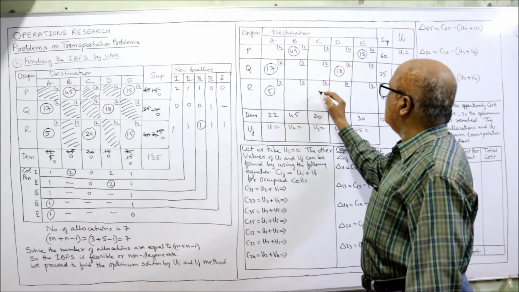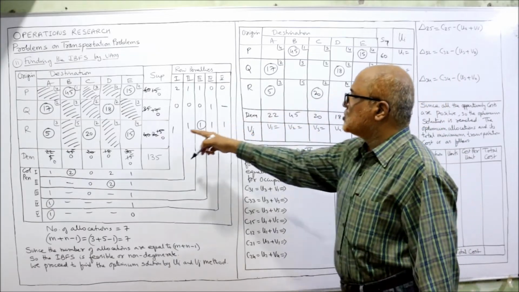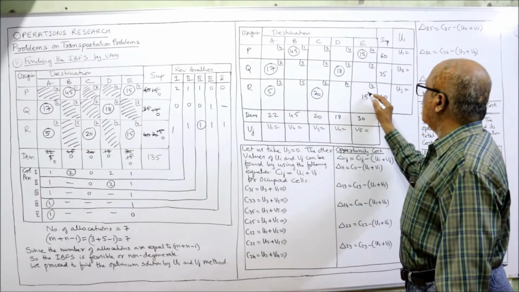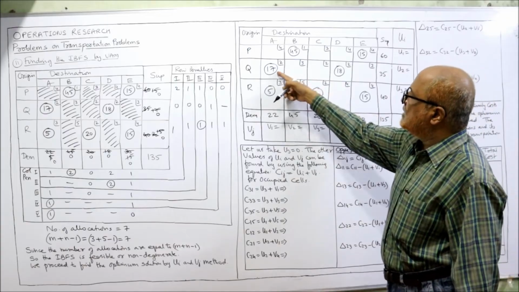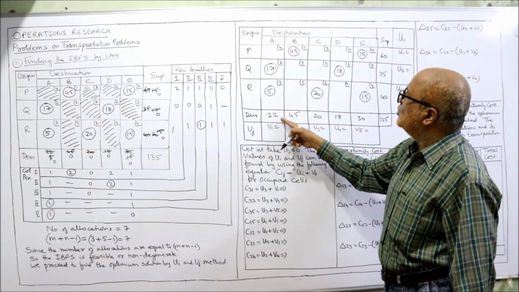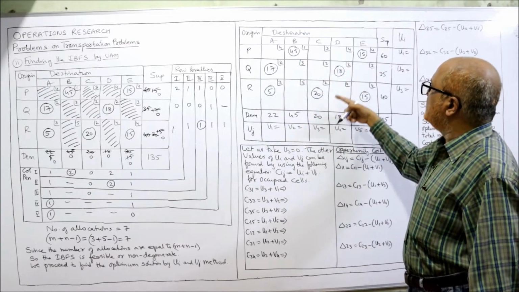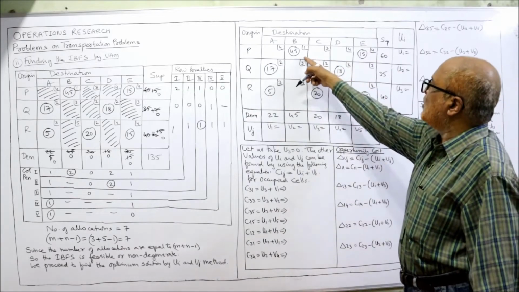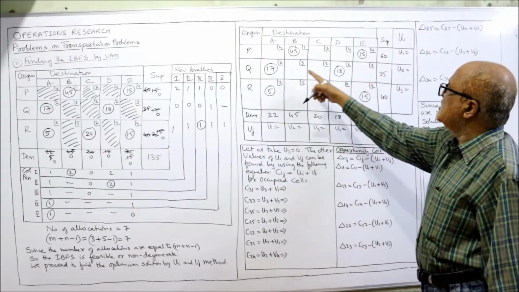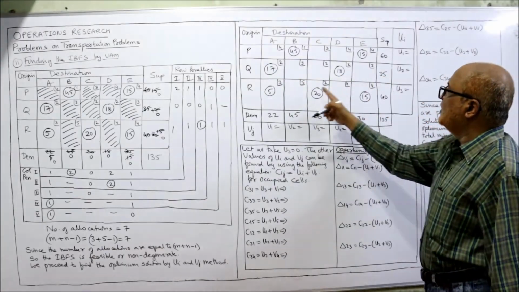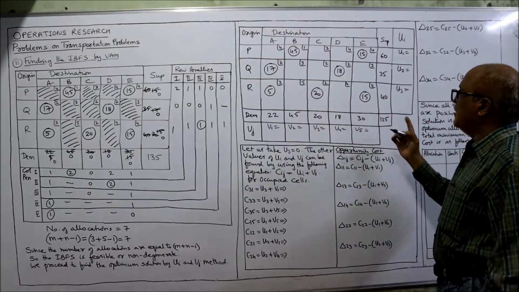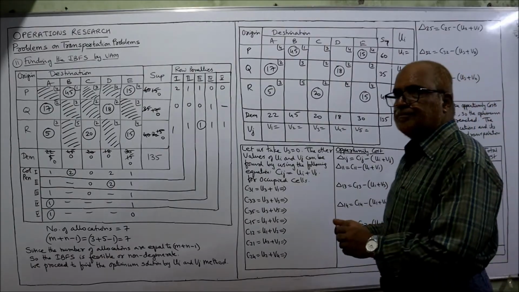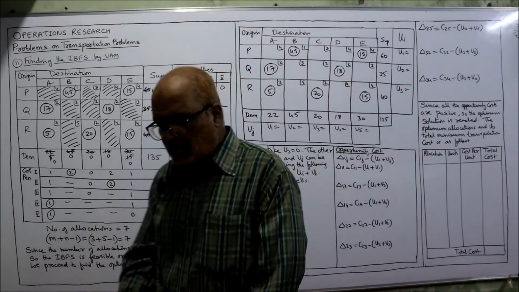Next one is 20. Next one is 15. That's all. Now you confirm: 17 plus 5 is 22, 45, then 20, this 18, 15 plus 15 is 30. Row wise, 45 plus 15 is 60, 17 plus 18 is 35, 5 plus 20 plus 15 is 40. That means correctly we have taken, right?